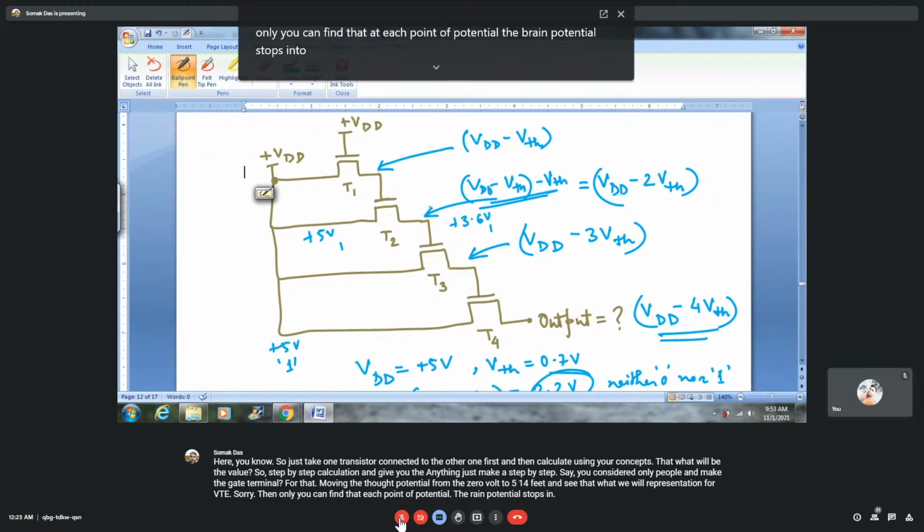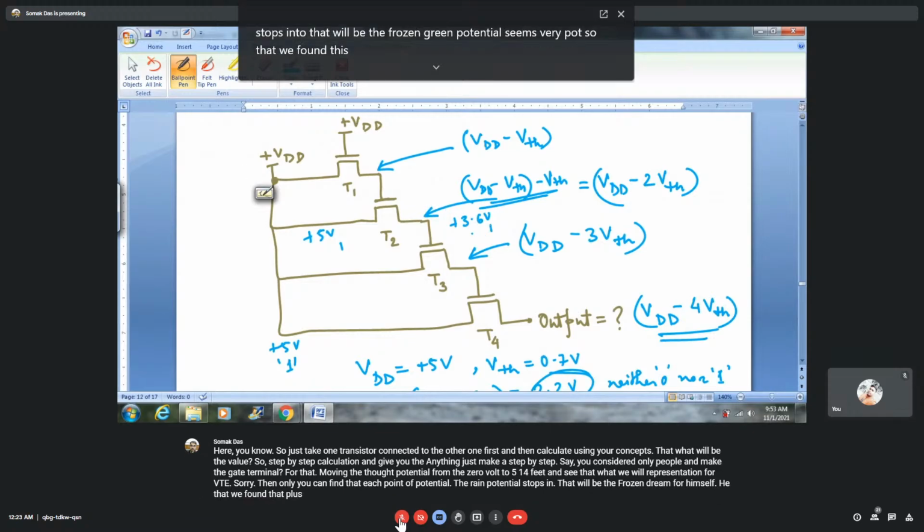That will be the frozen drain potential, sealed drain potential. That we have found as plus 3.6 volt.